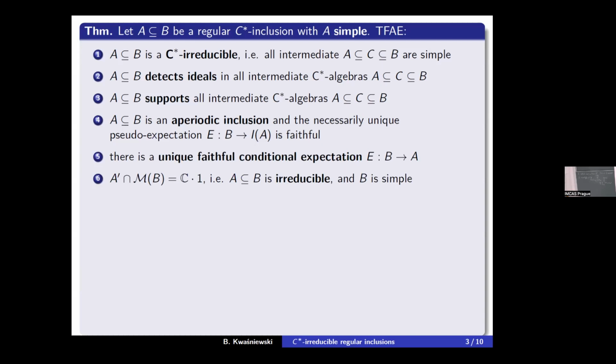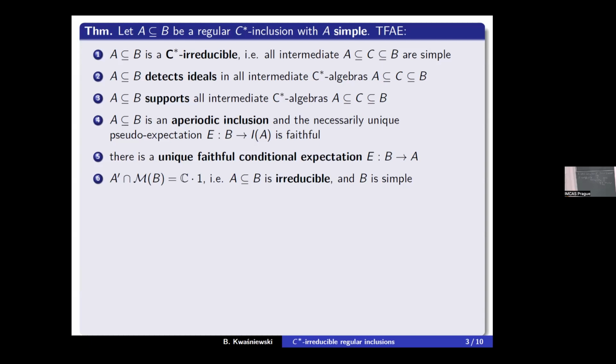And 6 is a notion of reducibility. So in fact, the C*-irreducibility is a notion that grew from this notion. Irreducibility is a notion coming from von Neumann algebras. If you assume that A and B are von Neumann algebras, this condition will give you that A is a factor, but not only A, but also B is a factor. All intermediate von Neumann algebras will be factors.